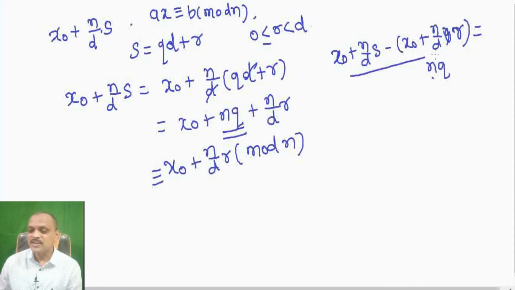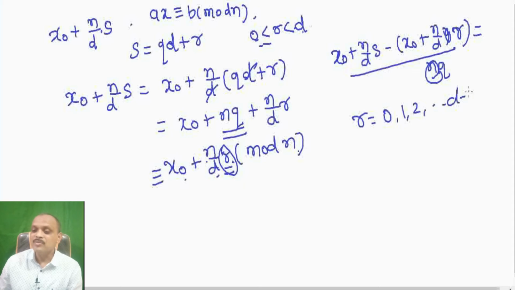This subtraction is a multiple of n, so it is congruent to x0 plus (n divided by d) times r modulo n. But see this number r. What is r? r lies between 0 and d. That means the value of r may be 0, 1, 2, up to d minus 1.